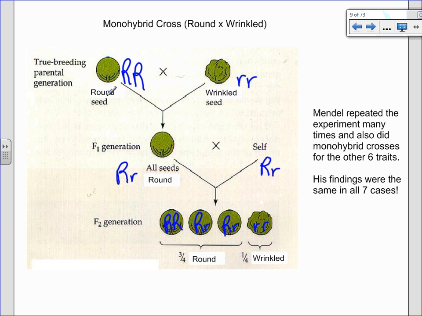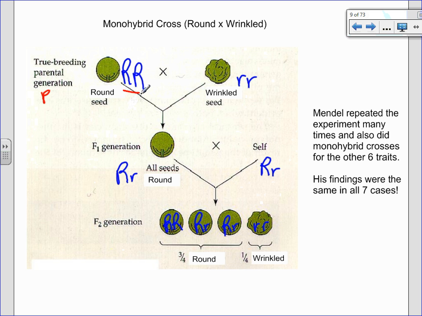Then this is showing the same kind of thing, but for round versus wrinkled. So this is the parent generation, the P generation, where you have the pure breeding round versus pure breeding wrinkled. This is the dominant trait because if all the babies were round, that meant that it's the dominant trait.